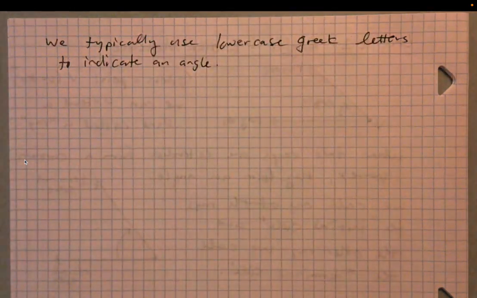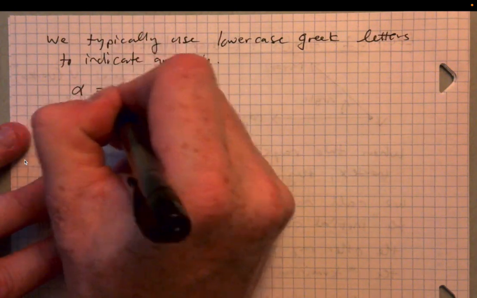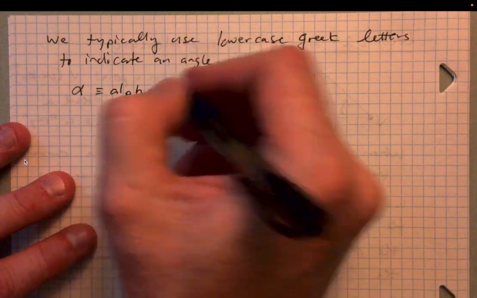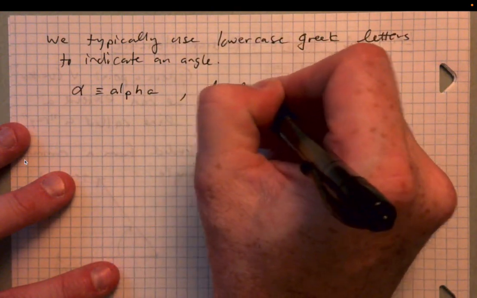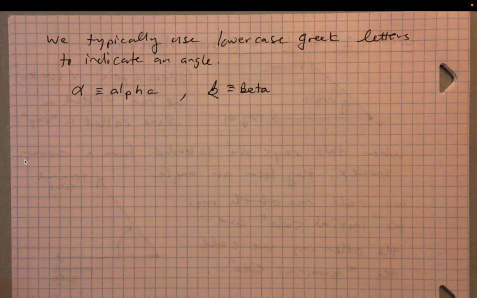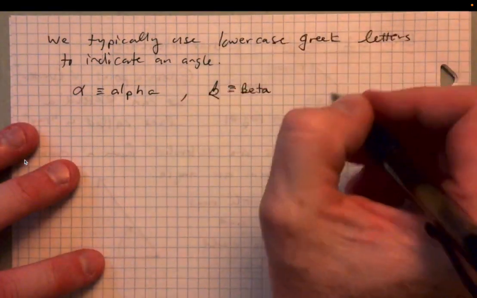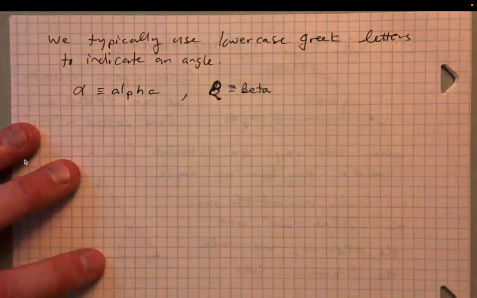Okay, and so the most common ones are this shape here, which is alpha, and then beta, which is kind of like a B. I have kind of a goofy beta. You'll see other examples if you read your textbook and look at the notation; the betas look a little different, but you can think of it just like a big kind of goofy B, maybe more like a B with a weird thing on the end.